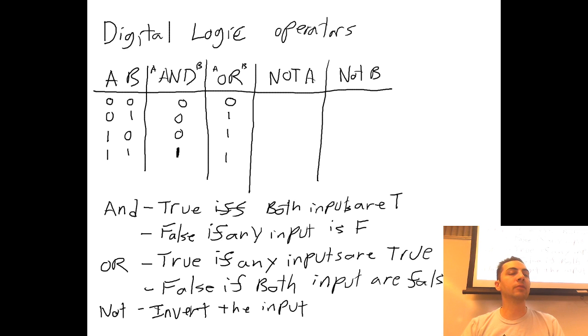If the input is a 1, the output will be a 0. So in the case of NOT A, all we have to do is look at the A column and invert it. So instead of 0, 0, 1, 1, it'll be 1, 1, 0, 0, the exact opposite of A. NOT B is still the same thing. It's the exact opposite of B. 1, 0, 1, 0.